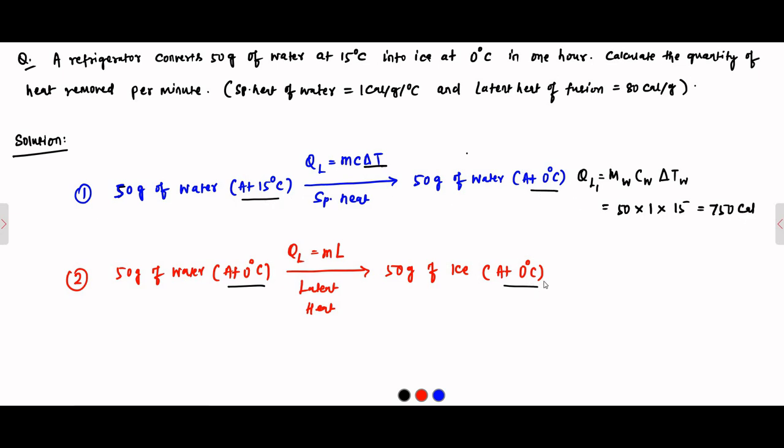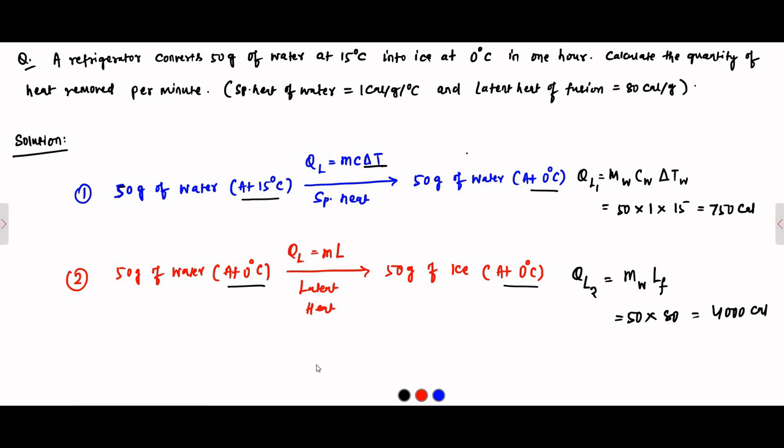Then heat loss in the second step is simply mass of water and the latent heat of fusion. So it is 50 gram of water at 0 degrees Celsius into latent heat of fusion, which is 80 calorie per gram. So it is equal to 4000 calorie.